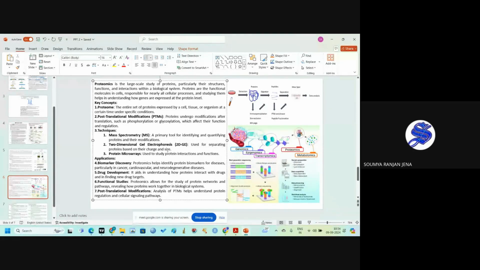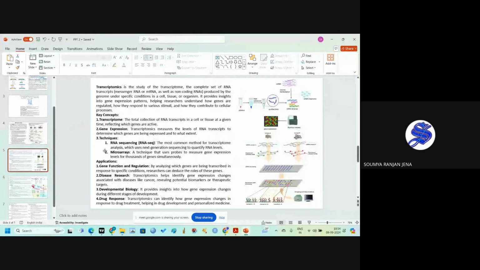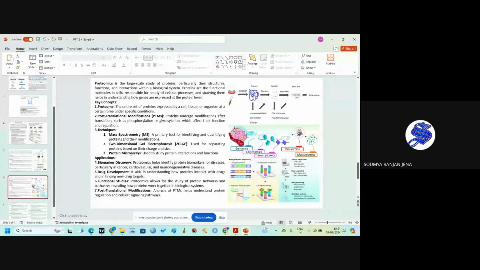We can use two-dimensional gel electrophoresis. These techniques, RNA sequencing and microarray, and mass spectrometry and 2D gel electrophoresis or protein microarray, we will discuss later.